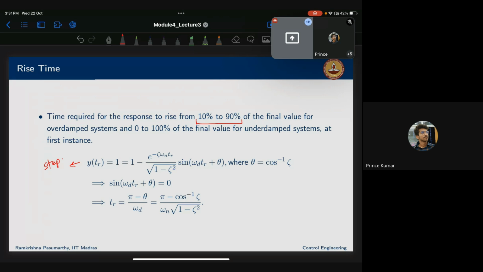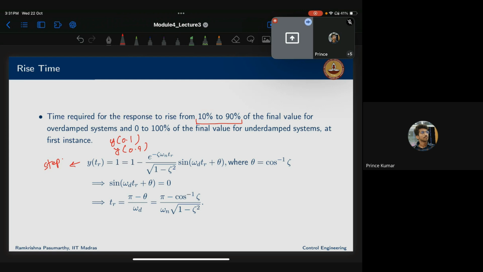What we generally do is find y at 0.1 and find the expression at 0.9.